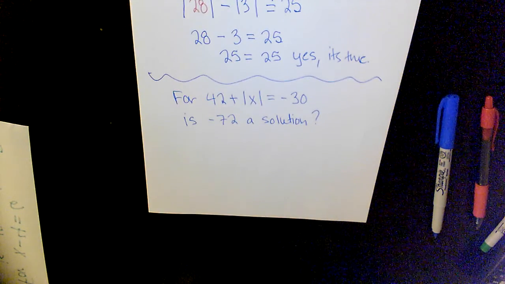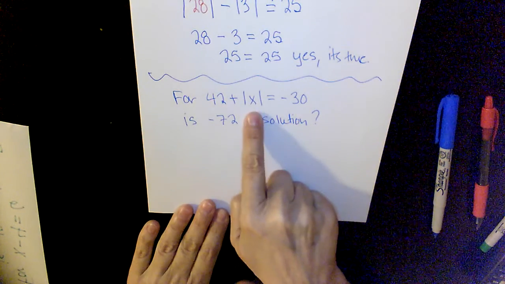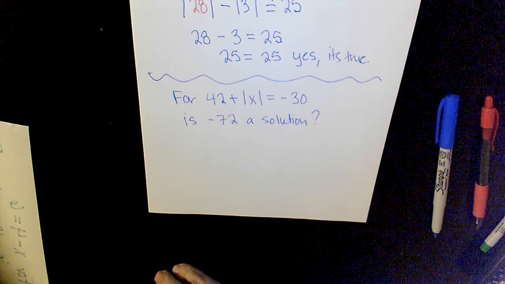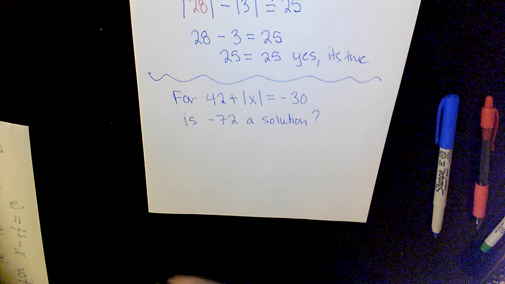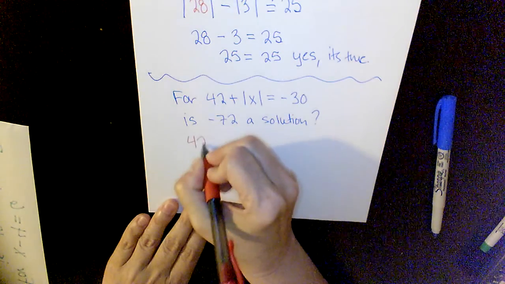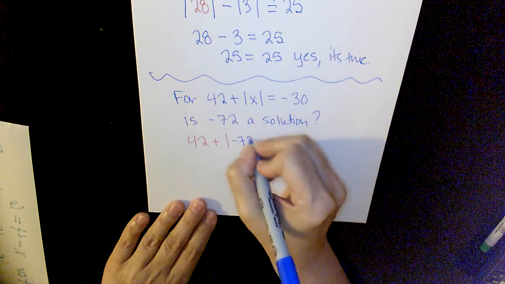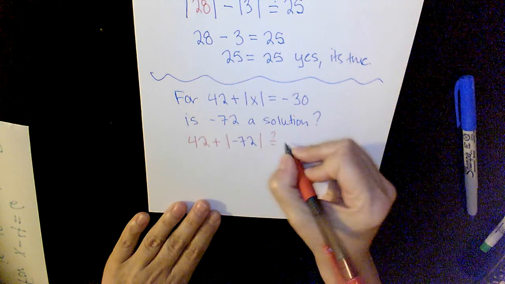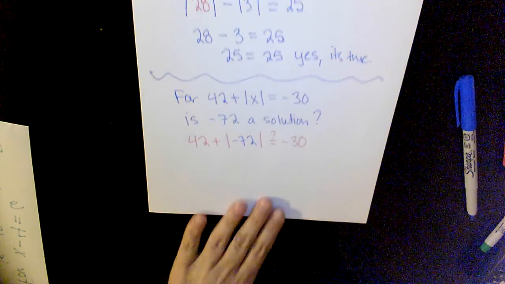Okay, so we're going to take that negative 72, plug it in here for x, and see if both sides come out to be equal. So let's see. Plug that in. So 42 plus the absolute value of negative 72, does that equal negative 30?